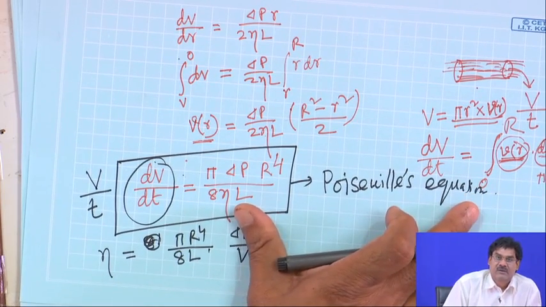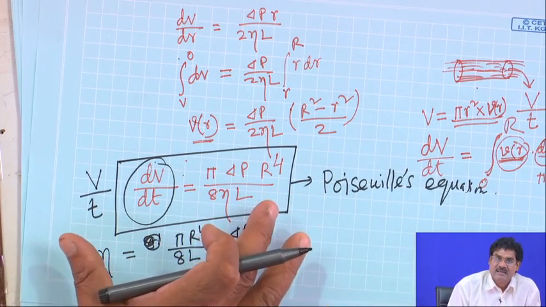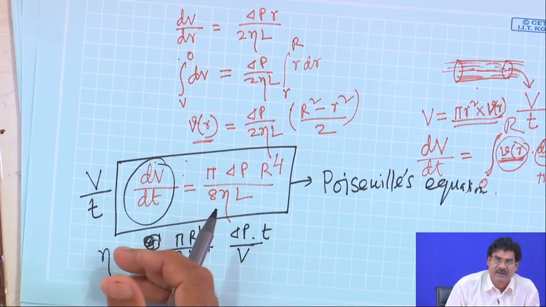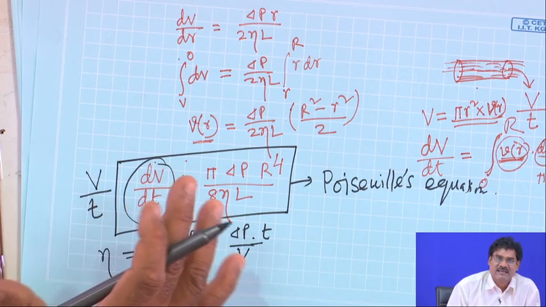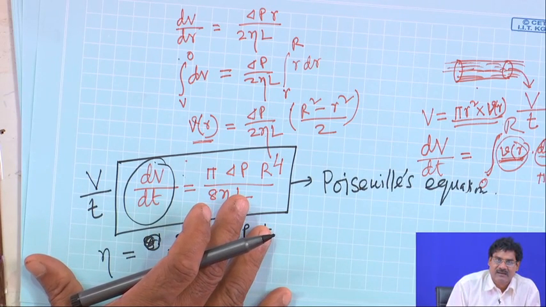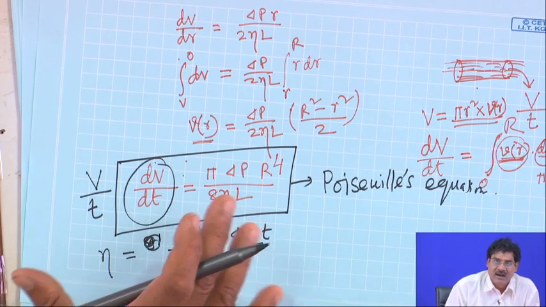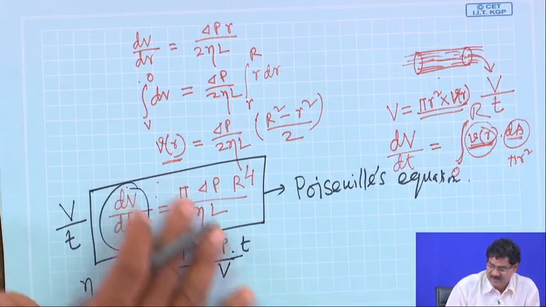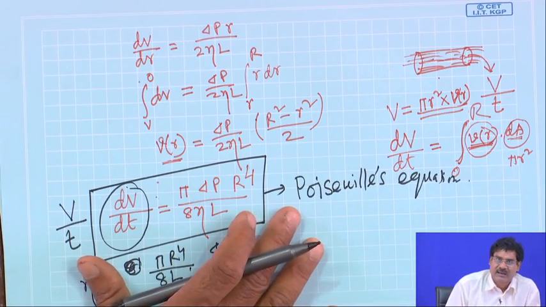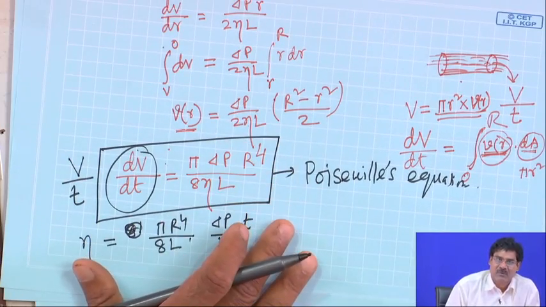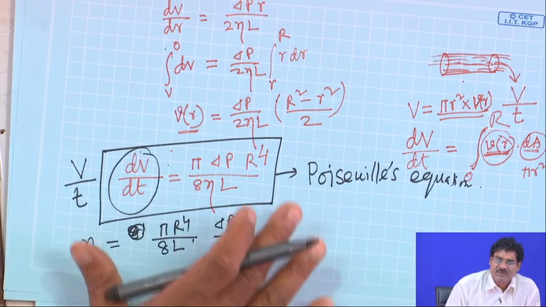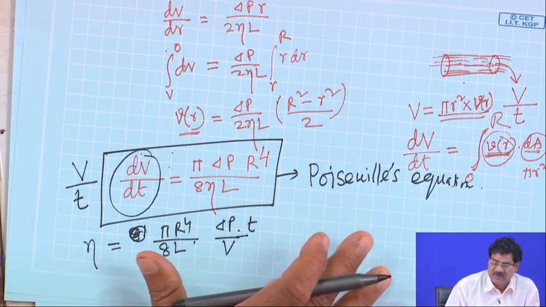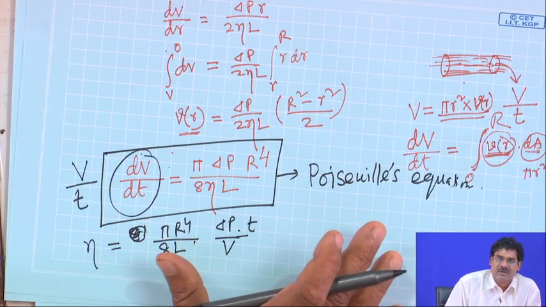To determine the coefficient of viscosity of a liquid, somebody has worked out this method and found this working formula. So, using this working formula, one can calculate or determine the coefficient of viscosity.